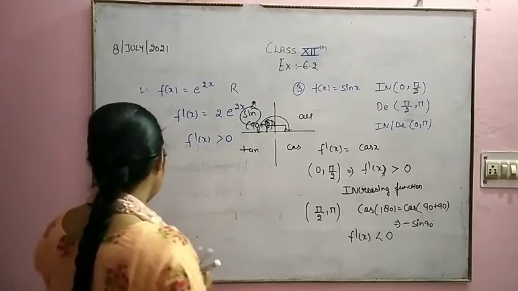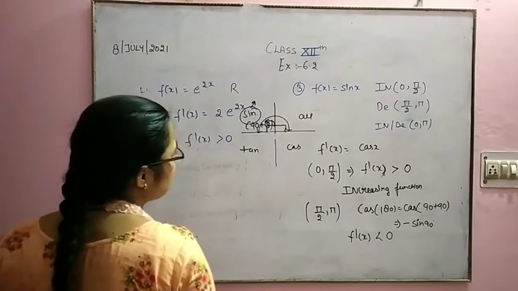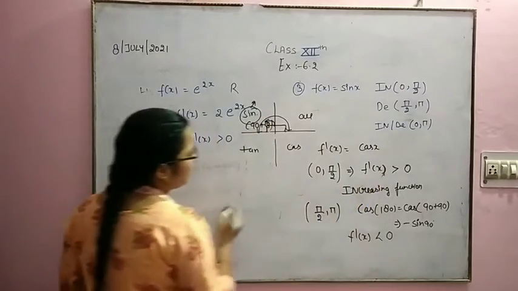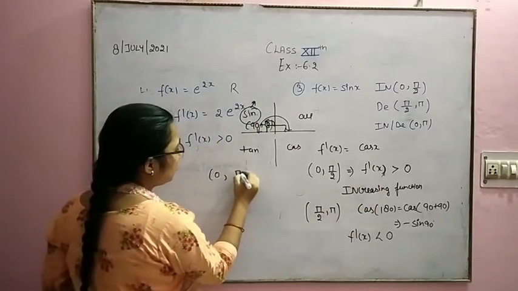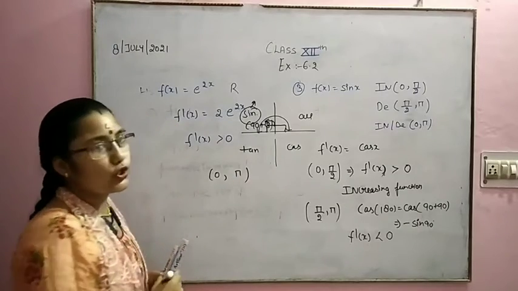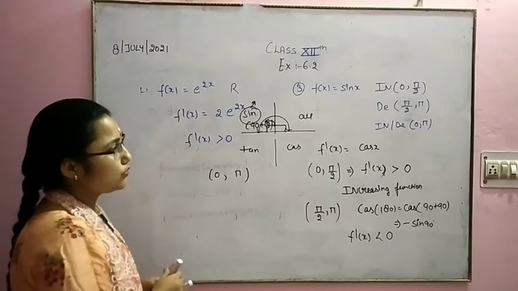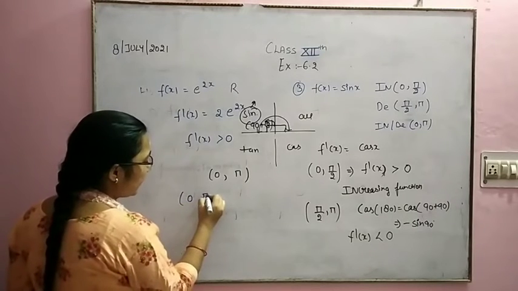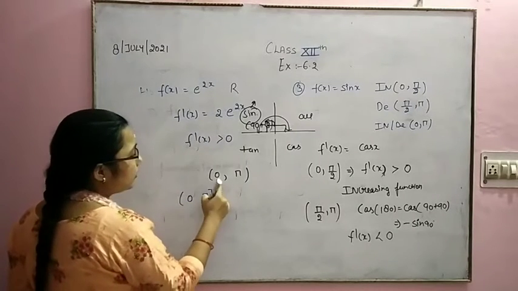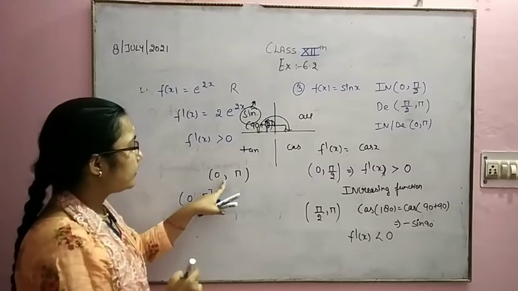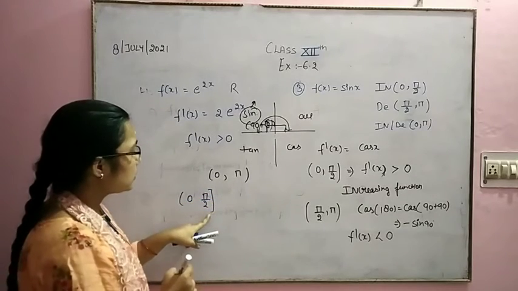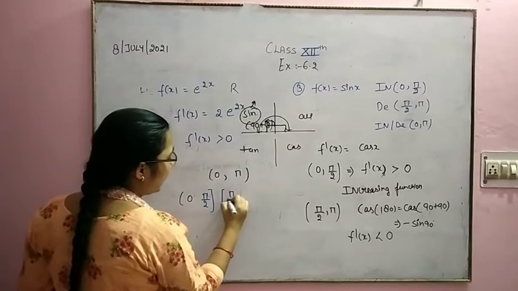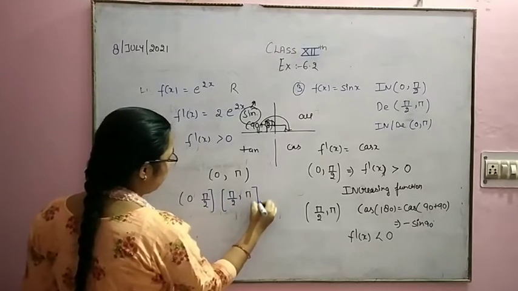Correct. Now come to the last interval. This is 0 to pi. For 0 to pi, firstly break 0 to pi into two intervals. First is 0 to pi by 2, because pi by 2 lies within 0 and pi, so we use a closed bracket for pi by 2, and that is pi by 2 to pi.